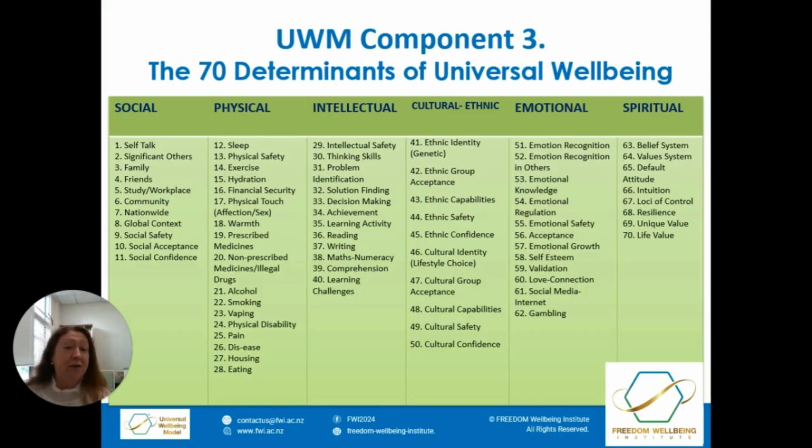Each of these 70 determinants can be potentially very positive and supportive of our universal well-being, or it could be neutral, or it might be potentially harmful, or it might in fact be definitely harmful. So these are of great importance in us understanding and being able to change the state of our universal well-being.